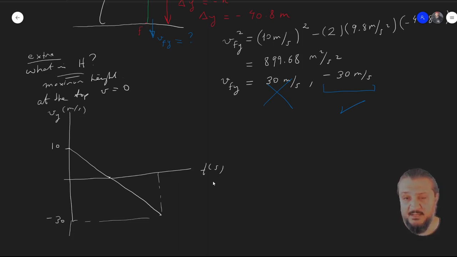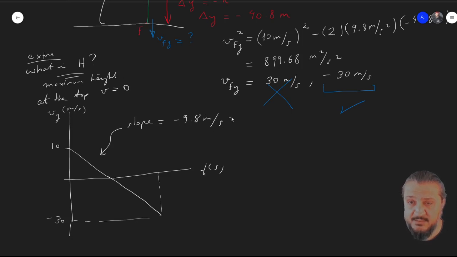Right? But you see, there's only one slope. A constant negative slope for this picture here. Slope is equal to negative 9.8 meters per second squared. It's just the sign of the velocity that changes. It changes from positive to negative.